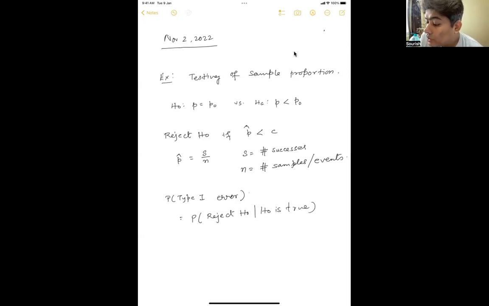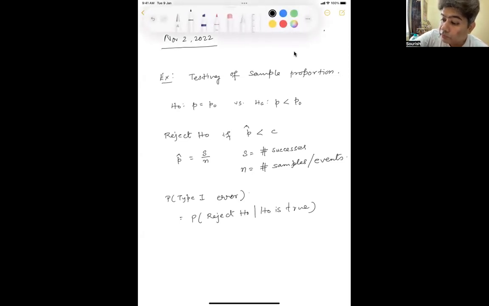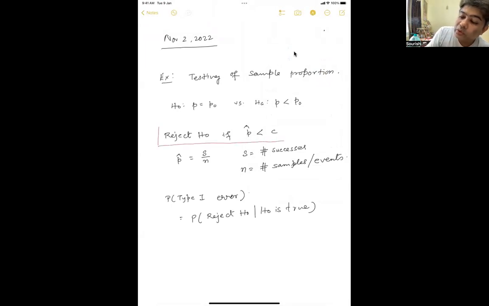And we say that this decision rule is good, but I don't know the value of C. So we have to come up with a C, a cutoff point. Right?